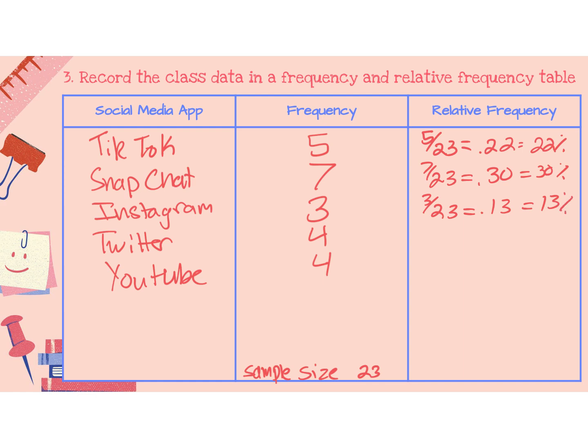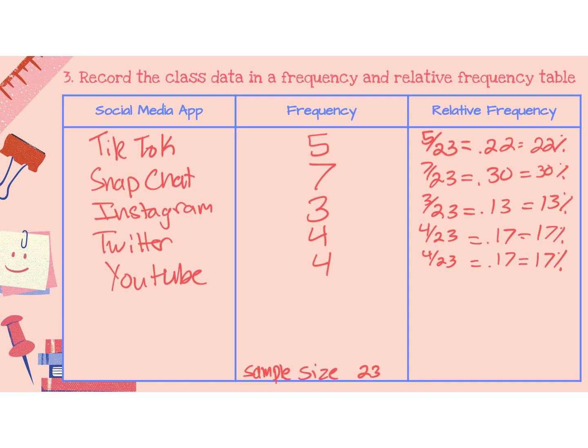And 4 divided by 23 for both of those last ones gives us about 17%. Okay, so there is our frequency and relative frequency for favorite social media apps.